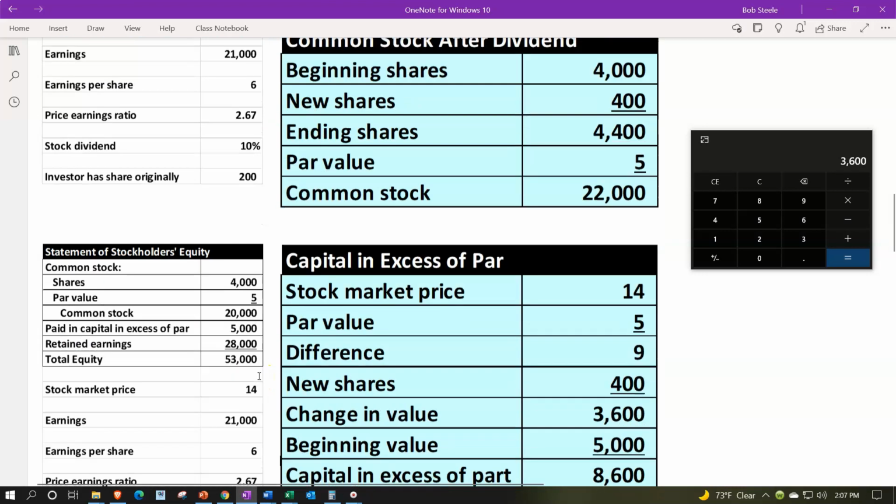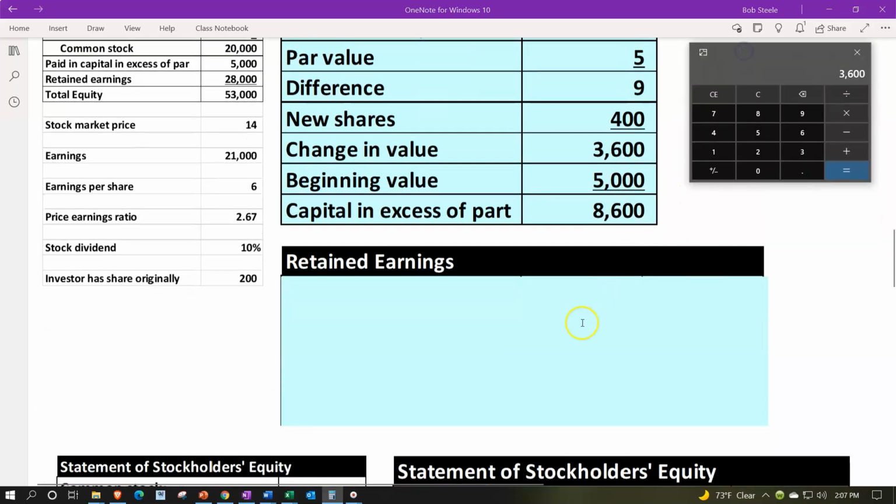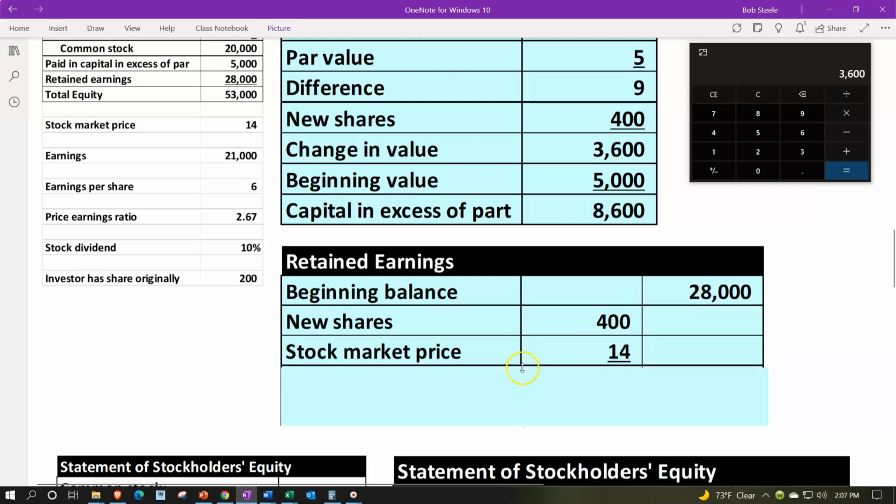Let's look at the retained earnings now. What happens with the earnings that have been accumulated that have not been going out in dividends and therefore are retained in the retained earnings area? In the beginning, as far back as we know, we had 28,000 in retained earnings. Then there was a stock dividend, resulting in 400 new shares, with the market price at 14.